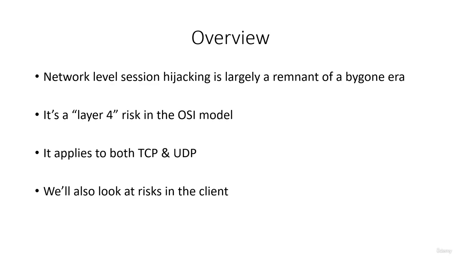We are going to talk about a man in the browser attack, where client software is compromised. So not the application, not the network, but the browser running on the victim machine. That's quite a different attack vector, when the attacker can control what's inside the operating system or within the browser.